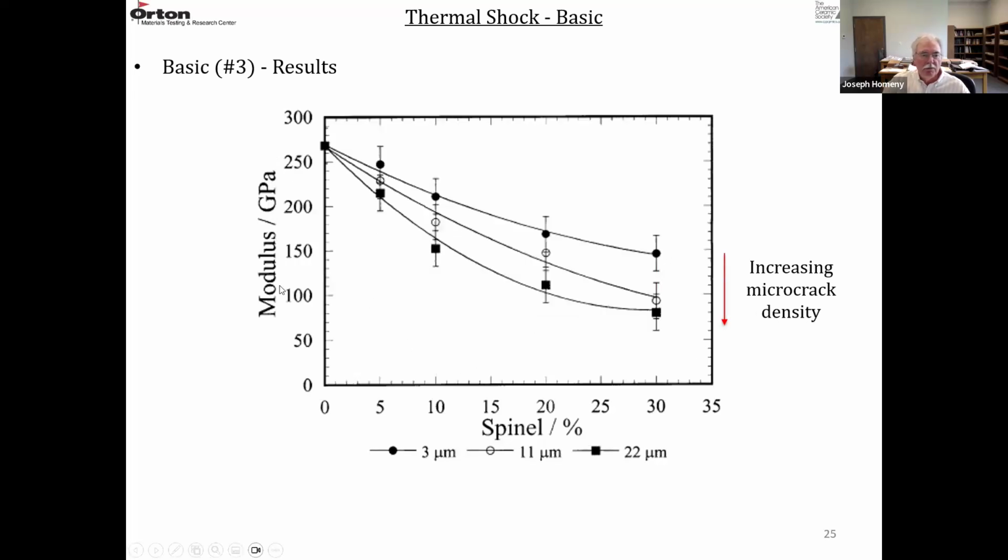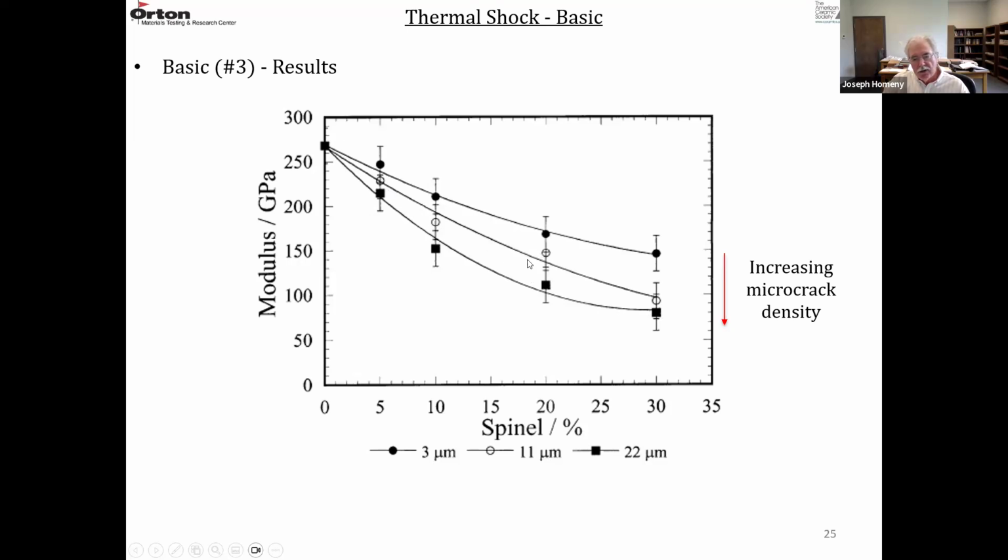You have the same type of effect for the modulus versus the spinel content. The closed circle is the smallest particle size, 3 microns. The open circle is a medium size, 11 microns, and then the solid squares are 22 microns. Exact same trend as for strength.